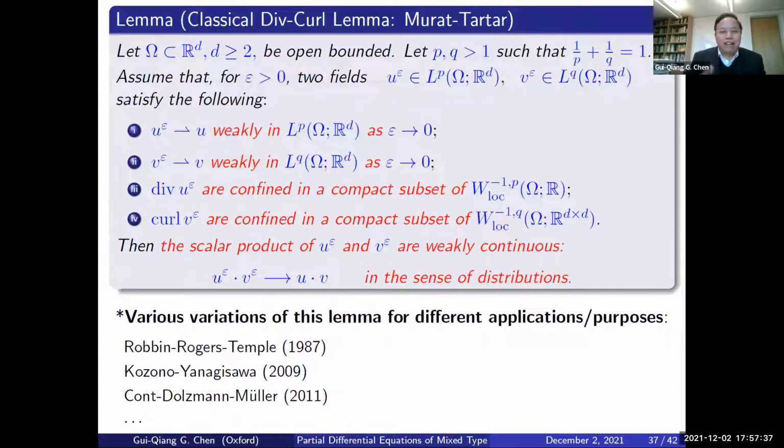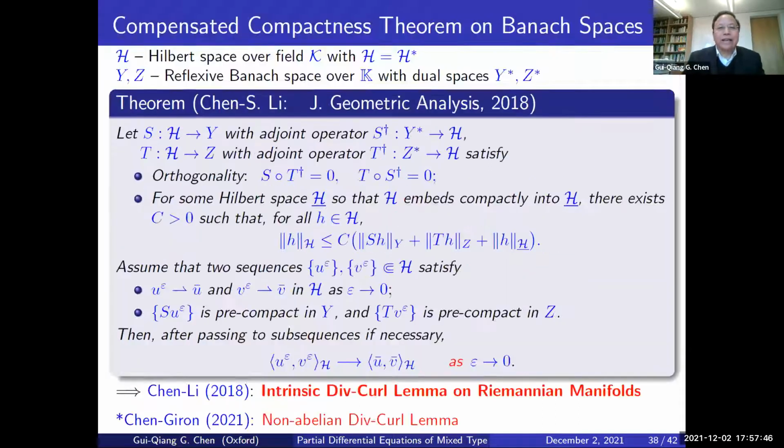This lemma now has various extensions for various different applications. I just listed some of them here. A few years ago, with Sylvia, we extended this kind of lemma to a theorem on Banach space. The basic key point is that the two operators are orthogonal, because the differential operators div and curl have this property.